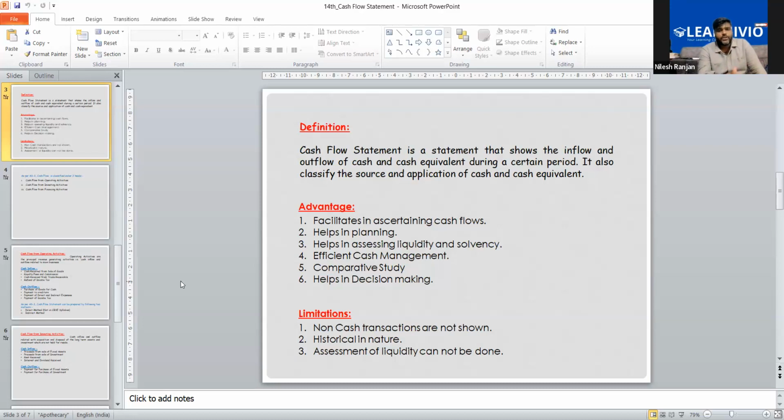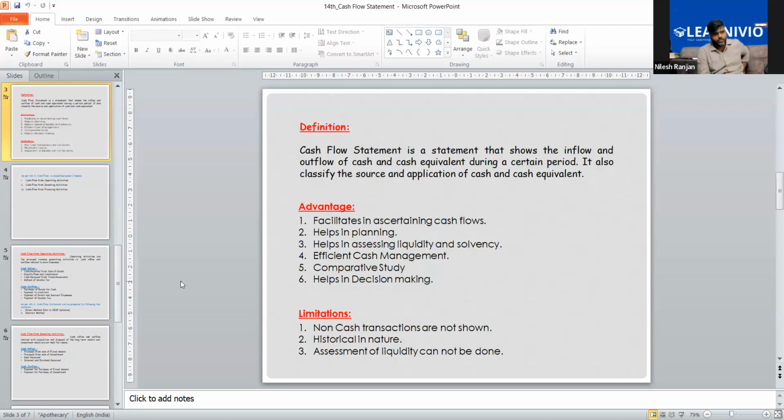The third is assessment of liquidity cannot be done. Now it is saying that assessment of liquidity cannot be done because we don't know about the liquidity position. The thing is, liquidity always depends on short term cash and bank balance. So we have different types of loans, like creditors, bank overdraft, cash credit.